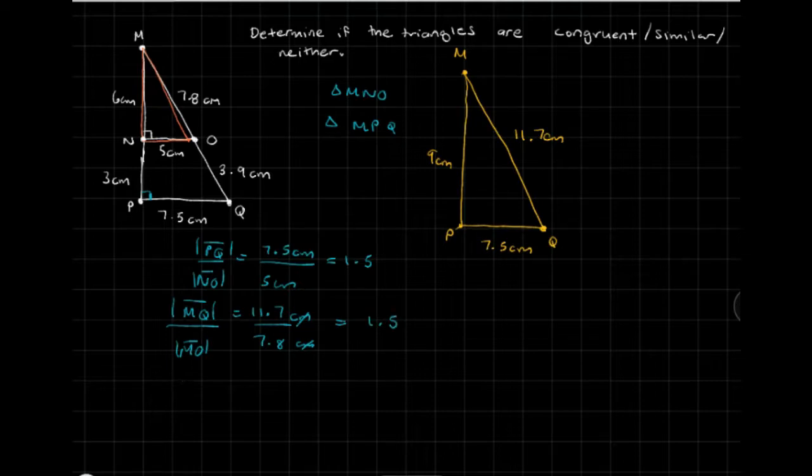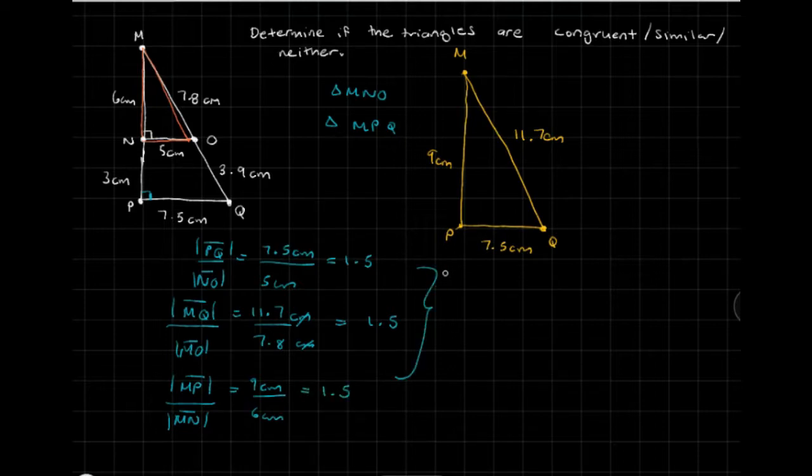Then I'm going to do the last set. Remember that all three sides have to be proportional by the same scale factor: MP over MN. You basically get 9 centimeters over 6 centimeters. If you crunch this out, this is also 1.5.